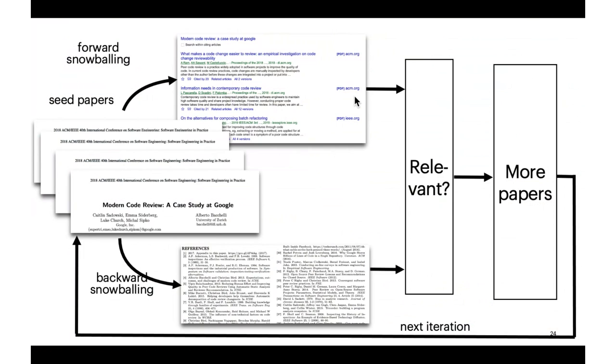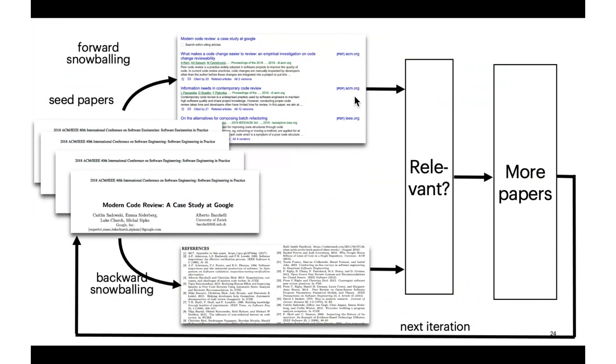Those 4 papers, like Modern Code Review, a case study at Google. So we would like to augment this collection of papers because maybe we do not trust that our keyword-based search has correctly identified all papers which are relevant.